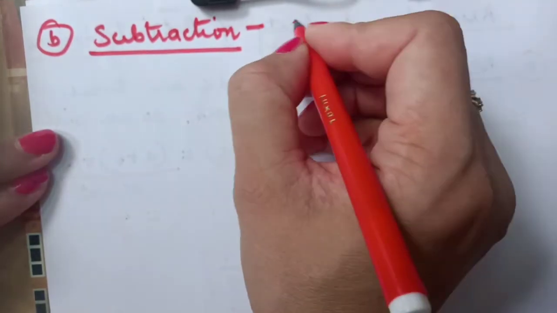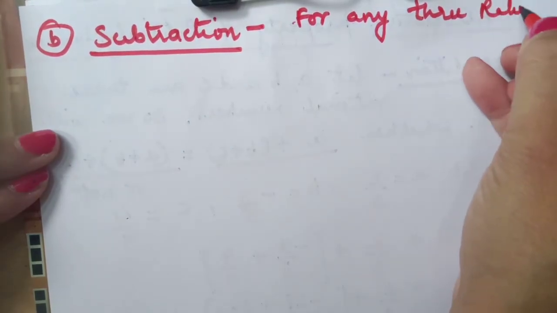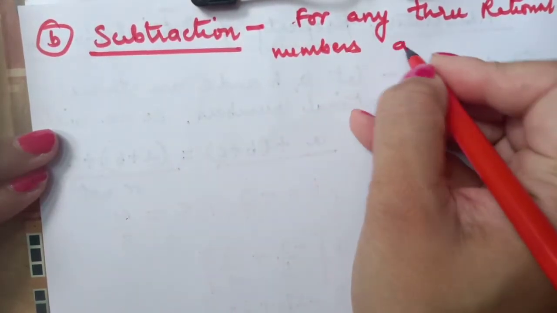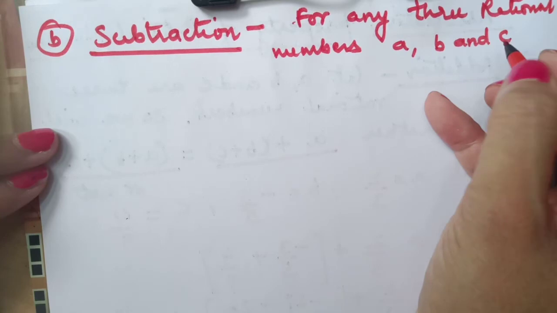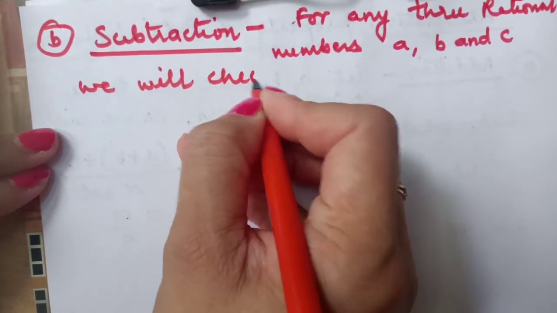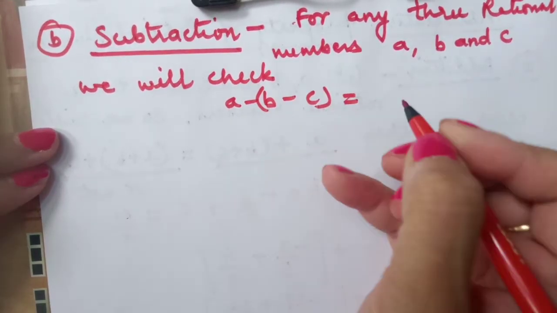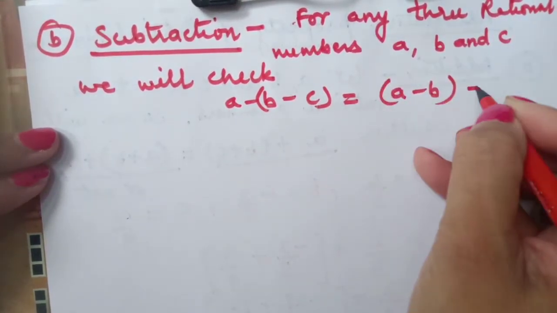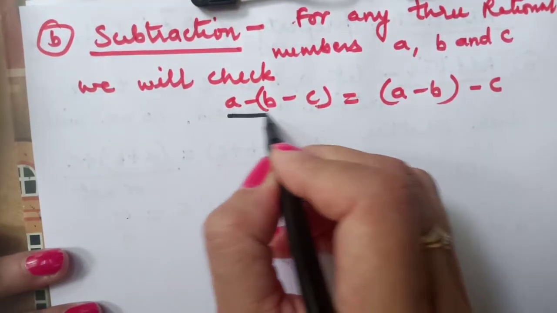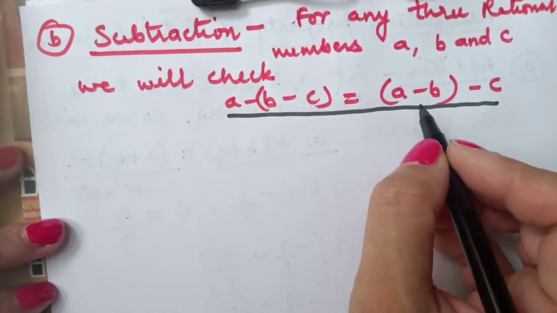For subtraction, for any three rational numbers a, b and c, we will check whether (a minus b) minus c is equals to a minus (b minus c) or not. ये चेक करेंगे. दैट इज द एसोसिएटिव प्रॉपर्टी ऑफ सब्ट्रैक्शन फॉर रैशनल नंबर्स, कि ये इसके इक्वल है या नहीं.